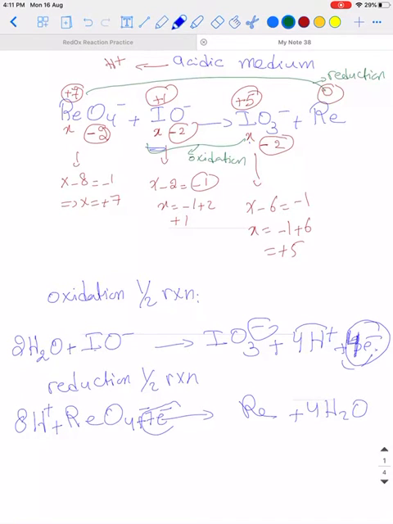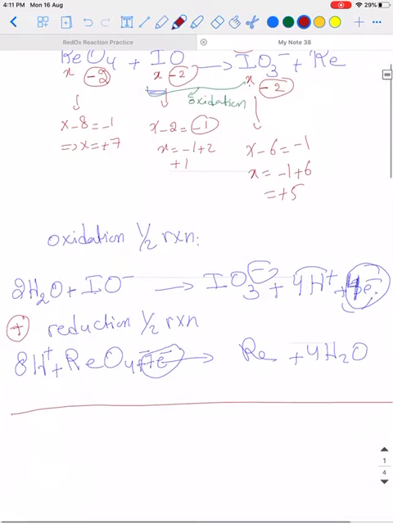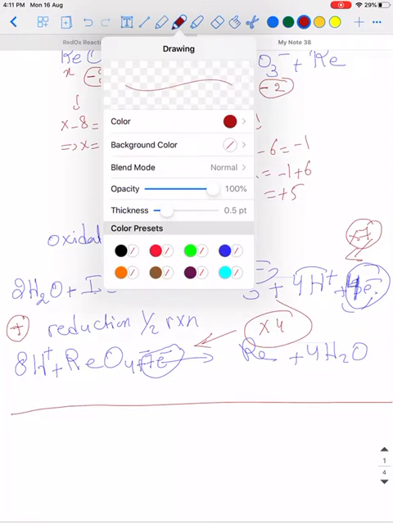The numbers of electrons are not equal. We have to make them equal before we add, because the number of electrons lost should be equal to the number of electrons gained. So 4 and 7, I swap and multiply. This one multiplied by 7 and this one multiplied by 4.